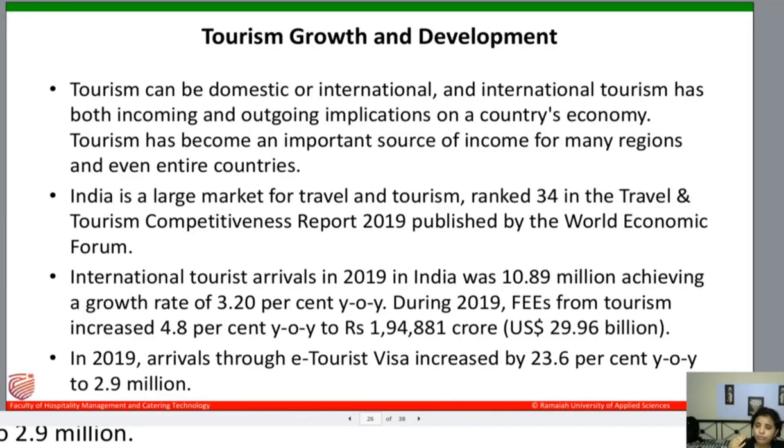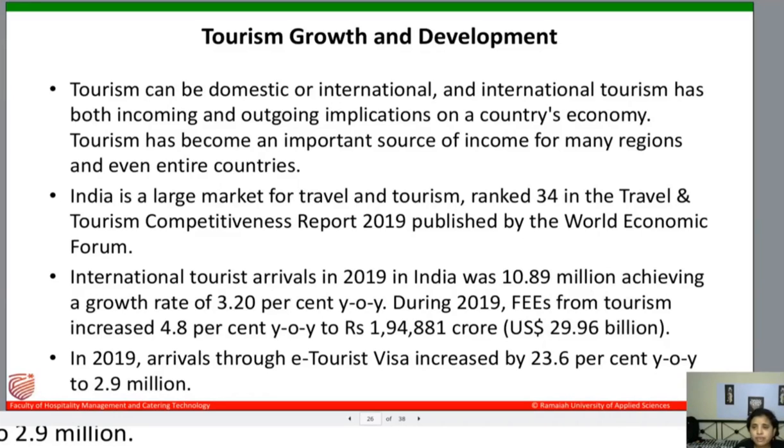There is a lot of downfall of travel and tourism activity because of the fear factor and the various restrictions levied by countries. People are not traveling, so the data is on a downward graph. That is the reason I have not shown it in this slide.